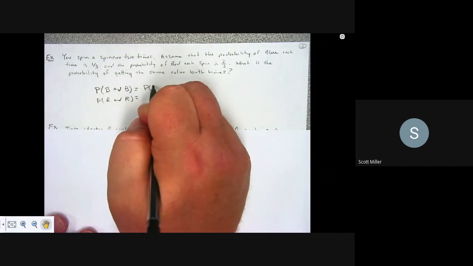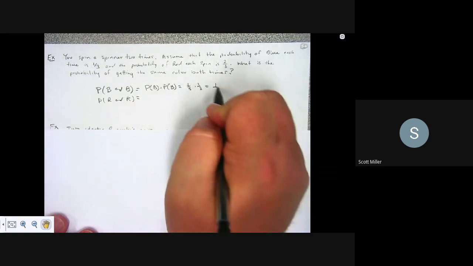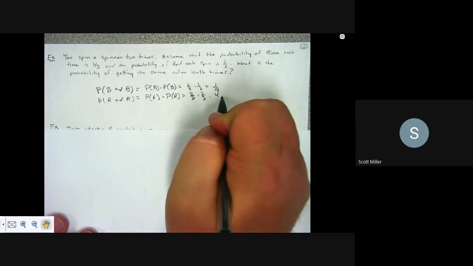The probability of blue and blue, since they are independent of each other, would be the probability of a blue times the probability of a blue, which is 1/3 times 1/3, which is 1/9. The probability of spinning a red, and then a red again, is 2/3 times 2/3, or 4/9.